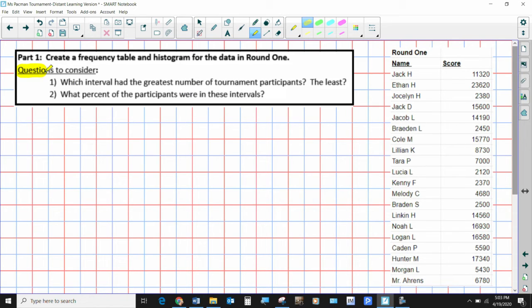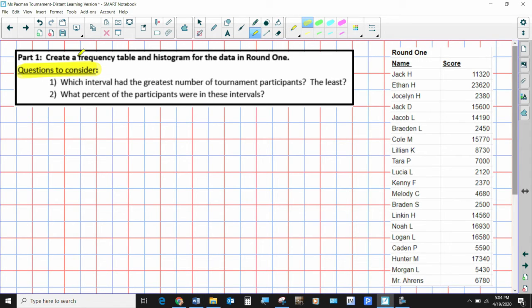These are just questions to consider, and this is stuff I want you to think about, because these questions may show up at least exactly, or at least partially on the test. So if you've had a chance to think about these questions and you understand how to answer them based on the data that you see, then you're probably going to get the answers correct on the test.